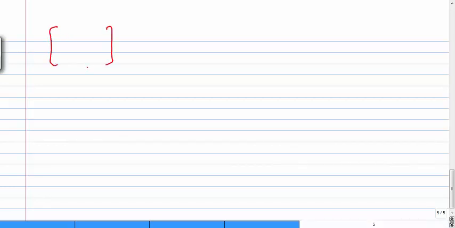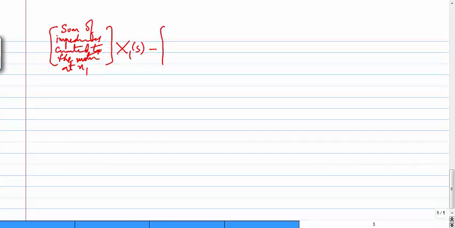You have to make a bracket here and write here the sum of impedances connected to the motion at x1, and put here x1 of s, then put a minus sign and write the sum of impedances.